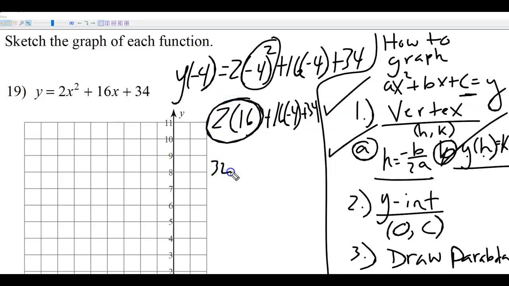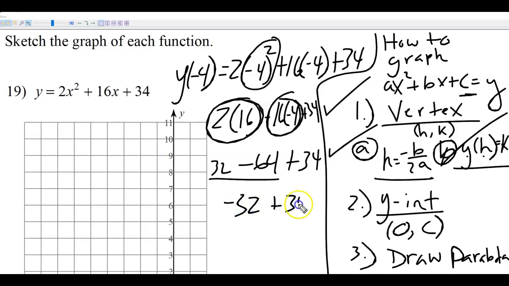So that's 32. That's negative 64. If I combine these two together, 32 take away 64, that's negative 32. And negative 32 plus 4 is 2. So that's my y of 4. Or in other words, that's the k value.